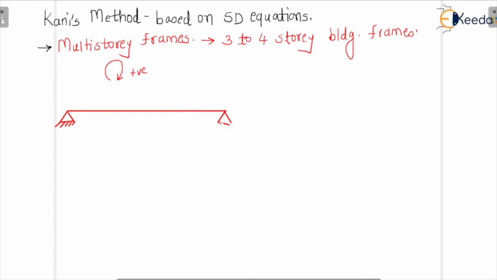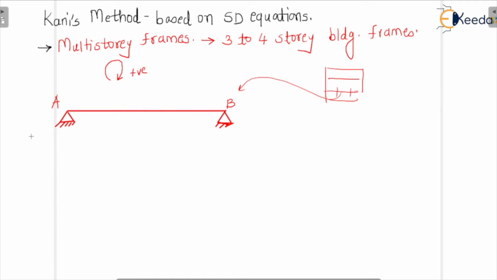We are considering a member AB, an intermediate member of a beam or a frame, a part taken from some structure and drawn here. It has no relative displacement at the ends. Ends A and B are at the same level. Those are our assumptions.